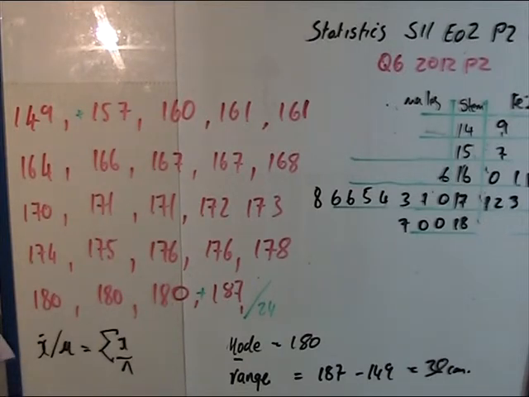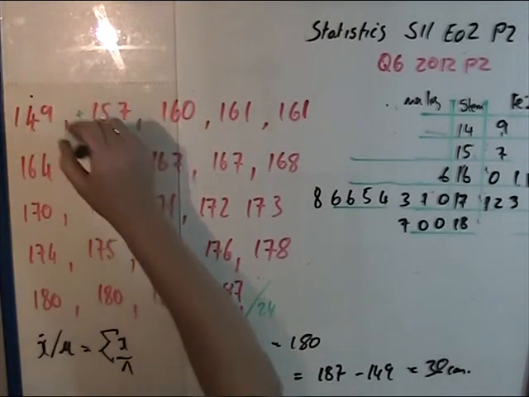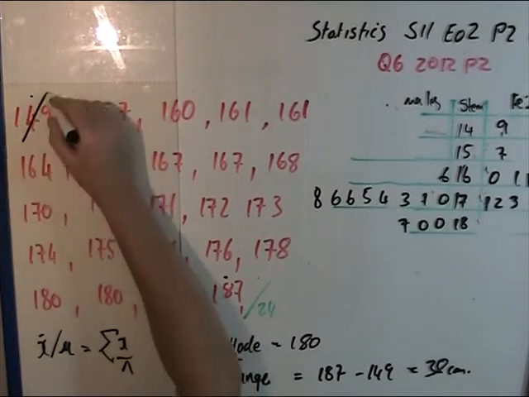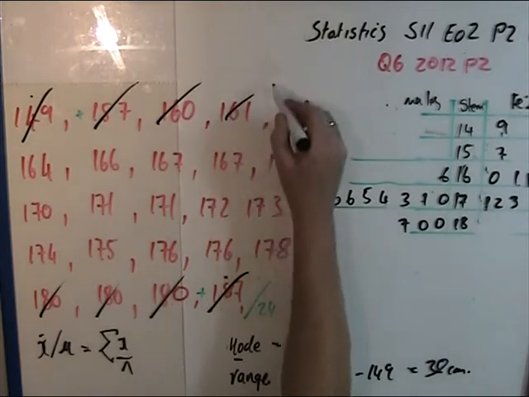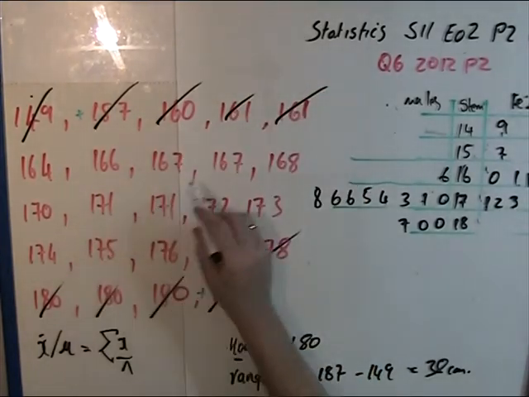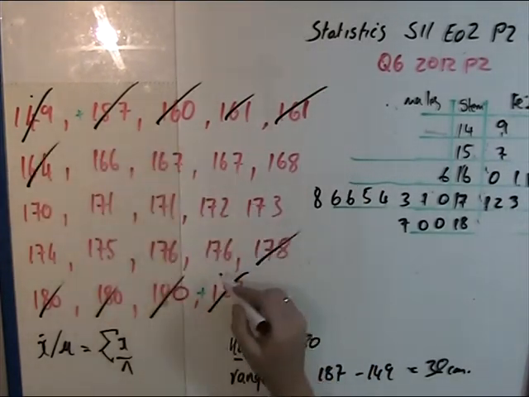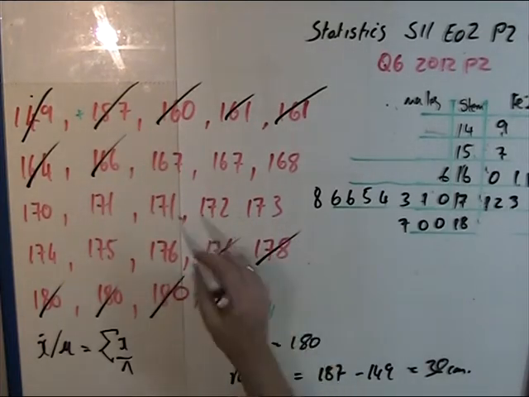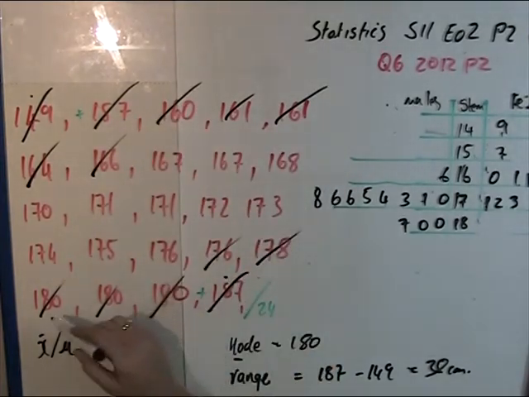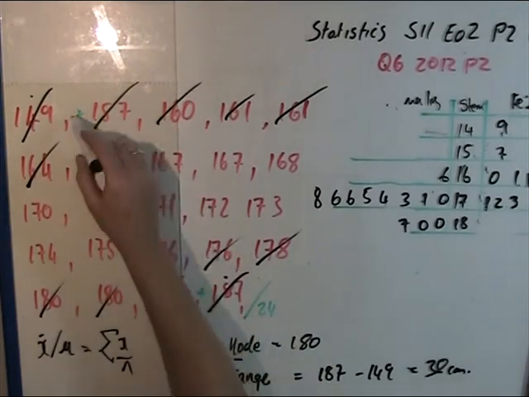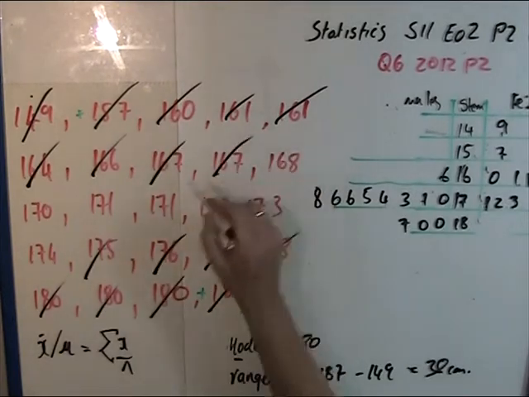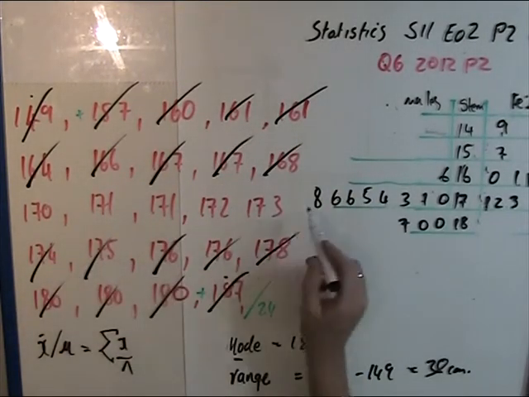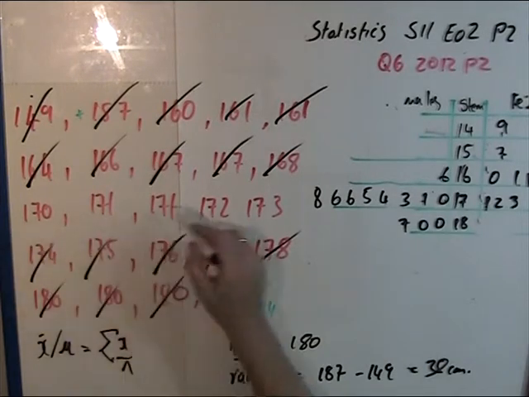Now the next is the median. How do I calculate the median? I keep counting down until I get to the center.